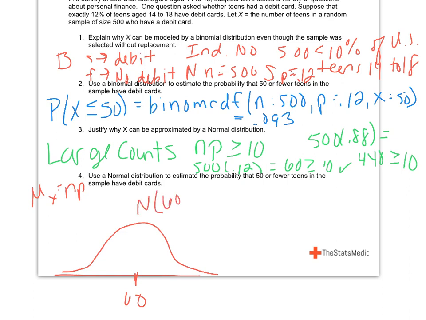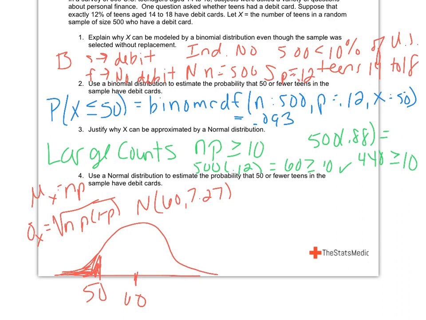My standard deviation is going to be 7.27. Remember, my standard deviation is the square root of N times P times 1 minus P, so that is 7.2. I'm going down here at 50 or less.